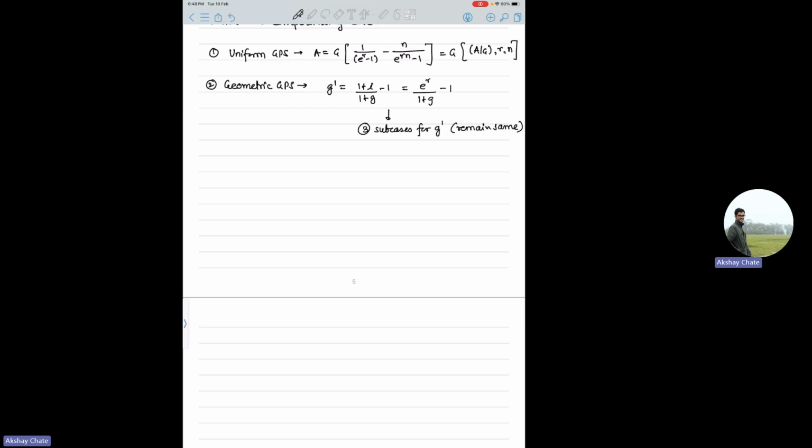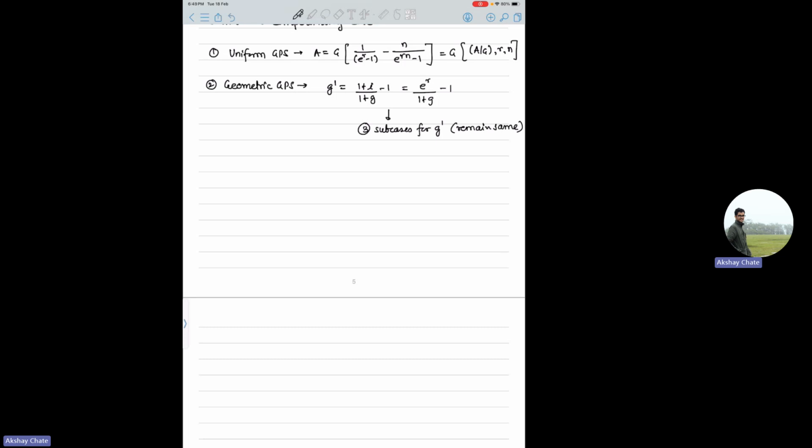So with that, let's discuss some problems, because enough of theory. But if you remember it this way, I think it will be easier for you to remember these formulas for your exam, if you are planning for it.